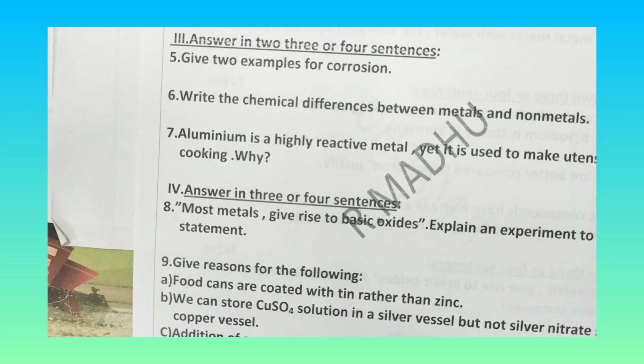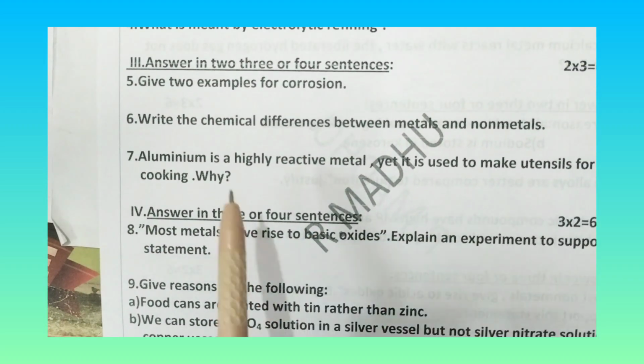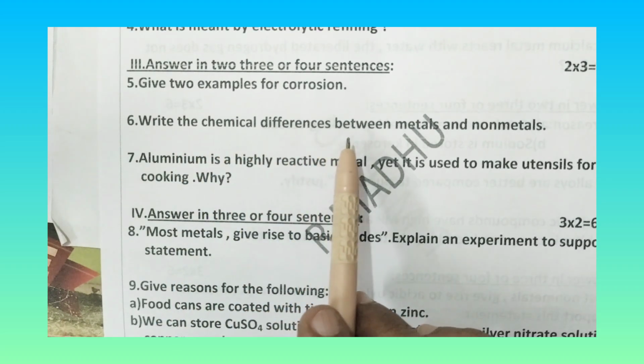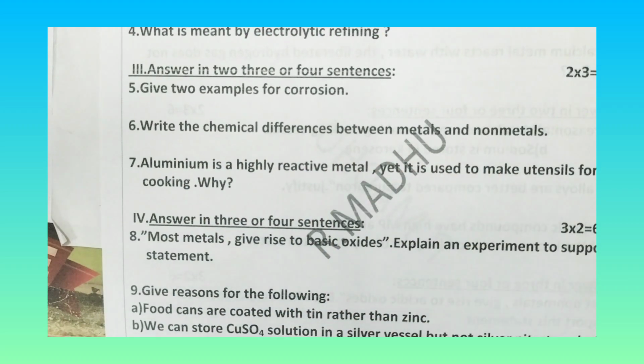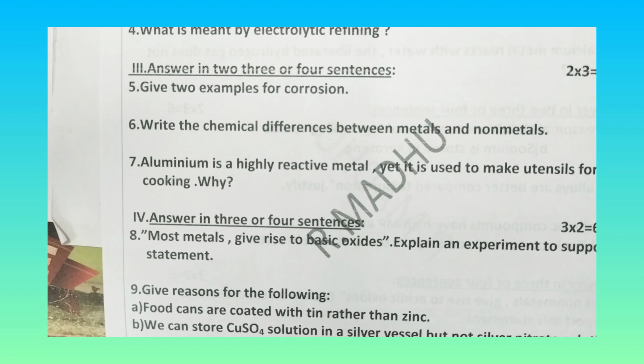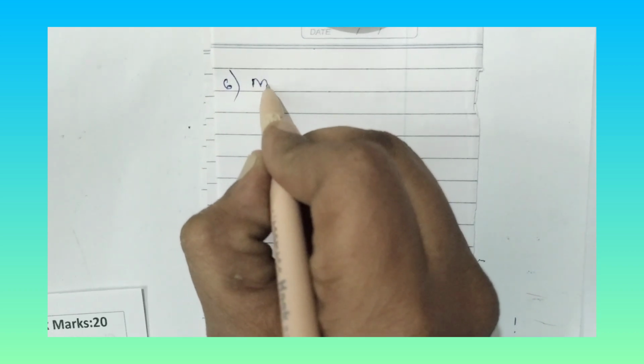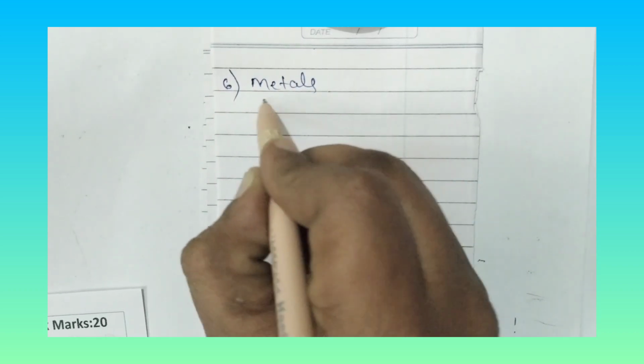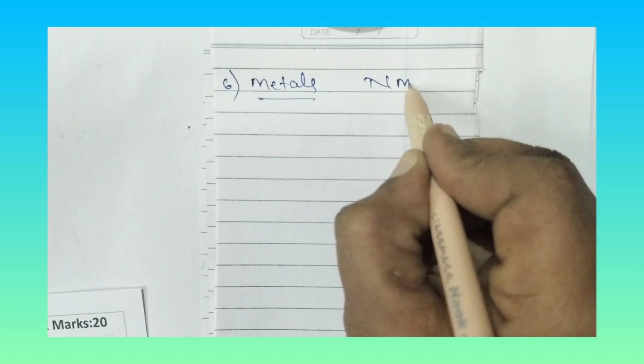Now let us move to question number 6. Write the chemical differences between metals and non-metals. So let us write the chemical differences between metals and non-metals. So let us answer the sixth question. So let us write one side metals, another side non-metals.